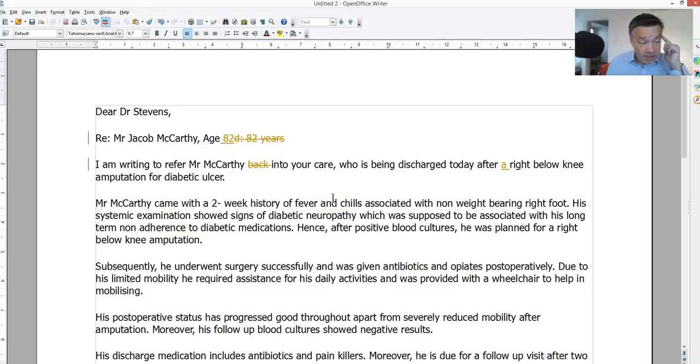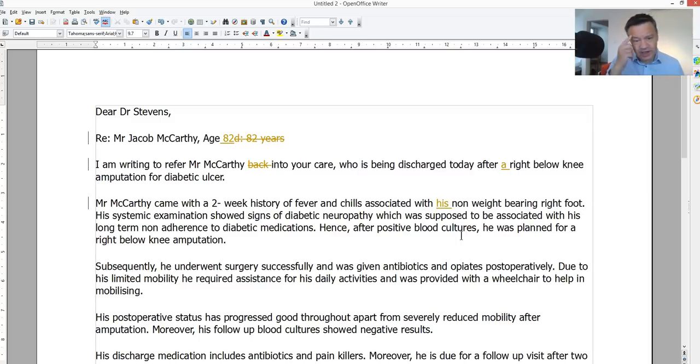Okay, that isn't bad. Mr. McCarthy came with a 2-week history of fever and chills associated with his non-weight bearing right foot, or a non-weight bearing right foot in general. A systematic examination showed signs of diabetic neuropathy, which was supposed to be. Supposed by whom? Meant to be? I don't know if we would use that.